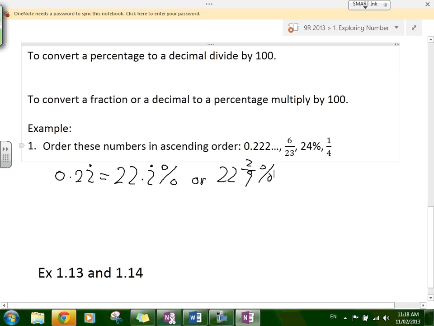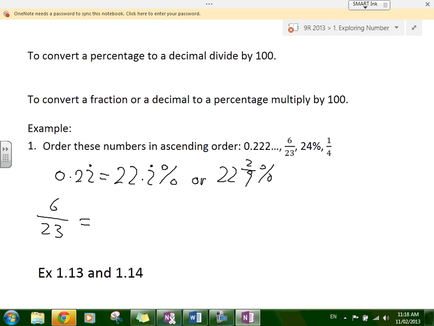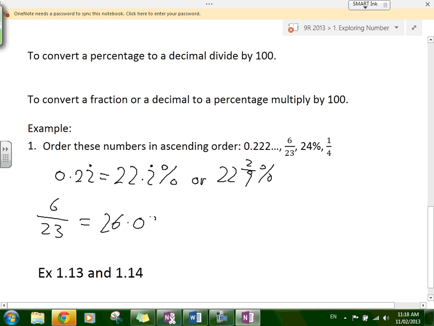Next one is 6/23. 6/23 equals, now as a percentage, I am not going to bother to do long division and work out what 6/23 is. So I'm going to just do that quickly. And that is equal to 26.09%. And then we have 1/4. I just hope you know what 1/4 is as a percentage. You should be able to know this. 25%, thank you. 25%. And then the last one's 24%.